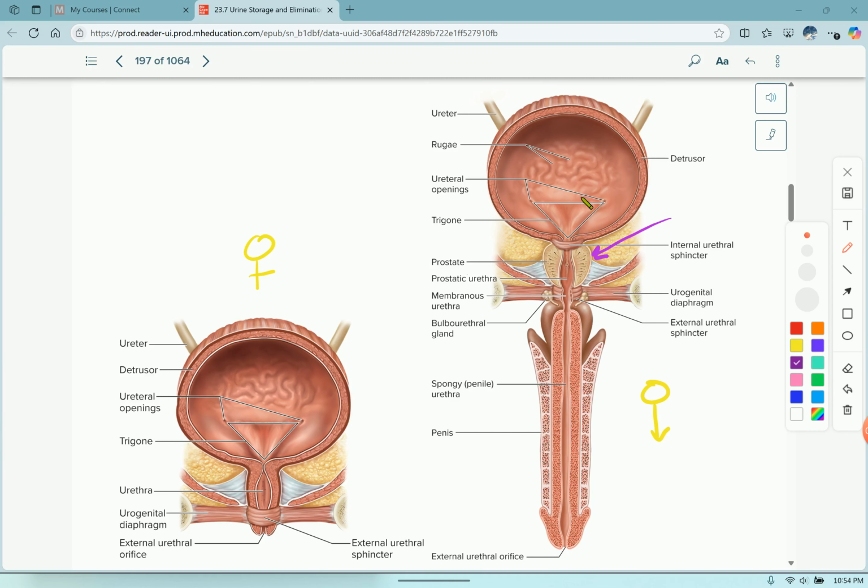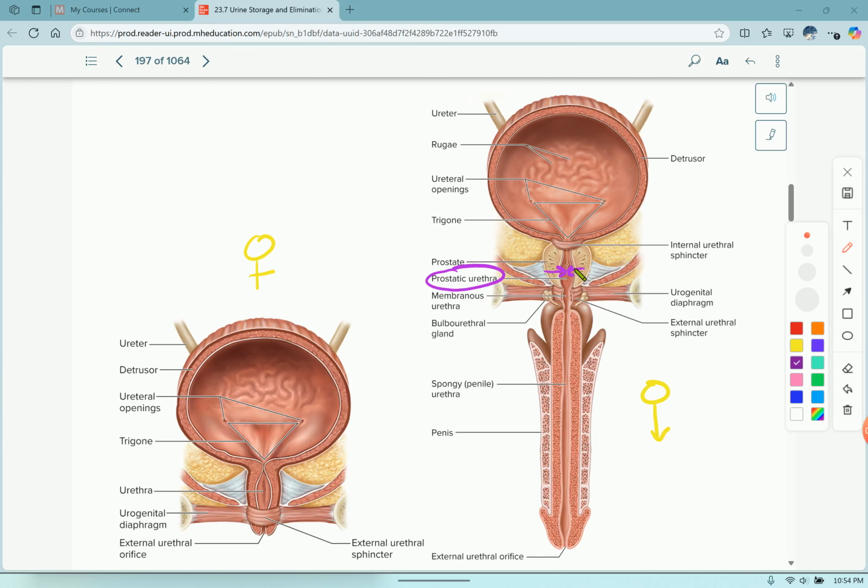So they call that part the prostatic urethra. And as men get older, a risk is an enlarged prostate, which can push in on this prostatic urethra part to make it difficult to begin to pee.